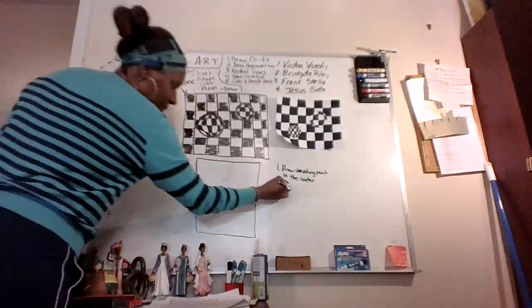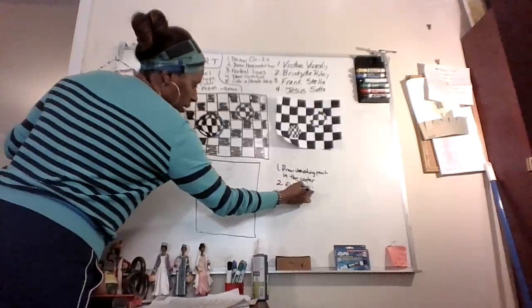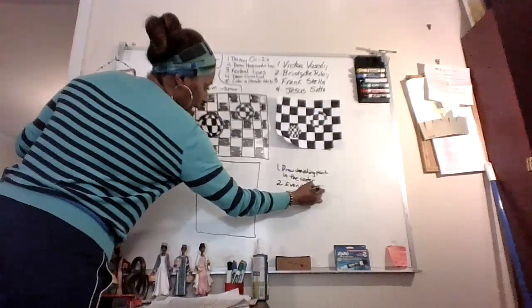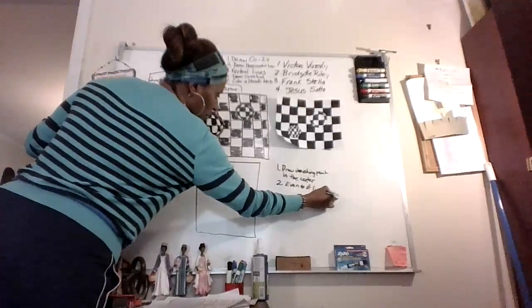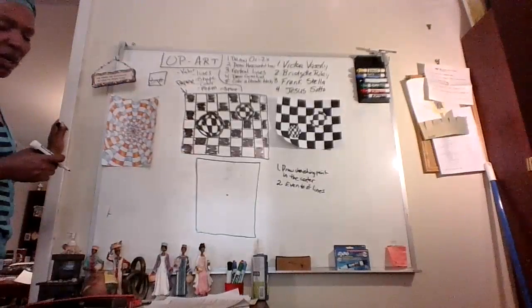We are now, step 2, going to draw an even number of lines equally around that point.